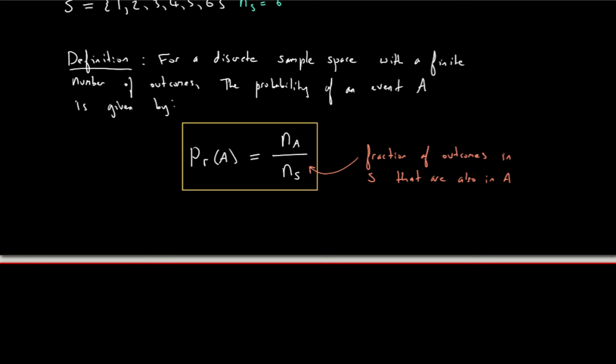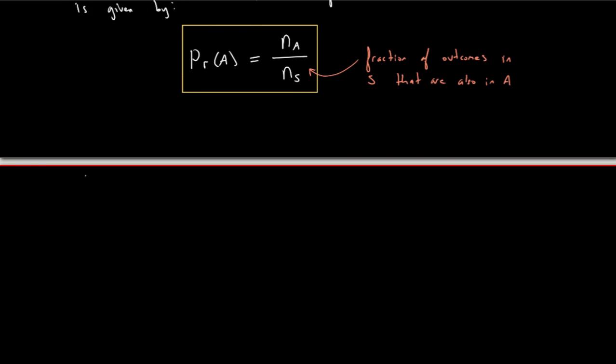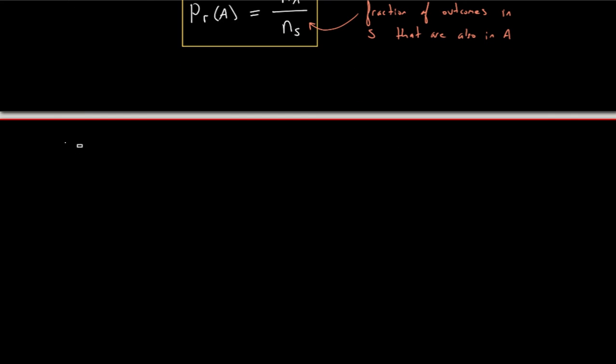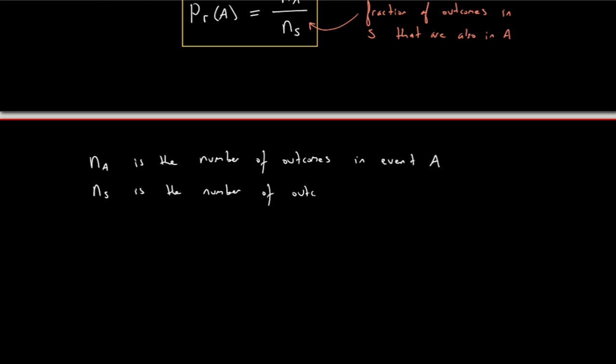We don't need to put it in a box because we know it's a definition, but it's worth enumerating what we mean here, just for notes: NA is the number of outcomes, I stress outcomes, in event A, and NS is the number of outcomes in the sample space.